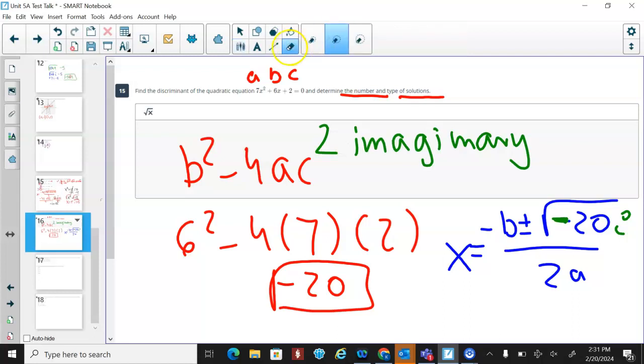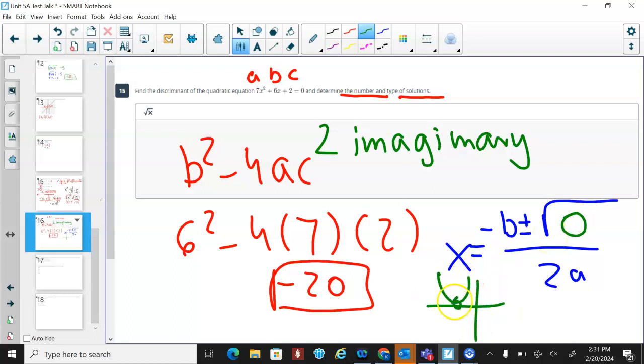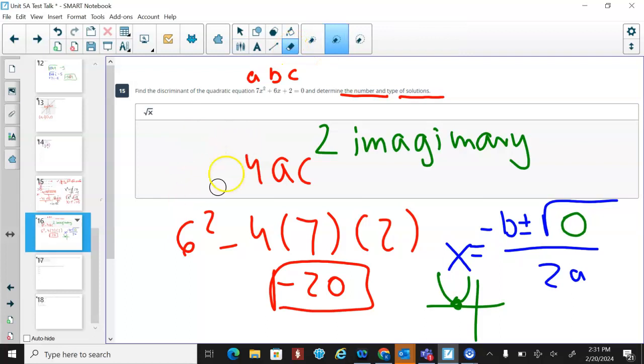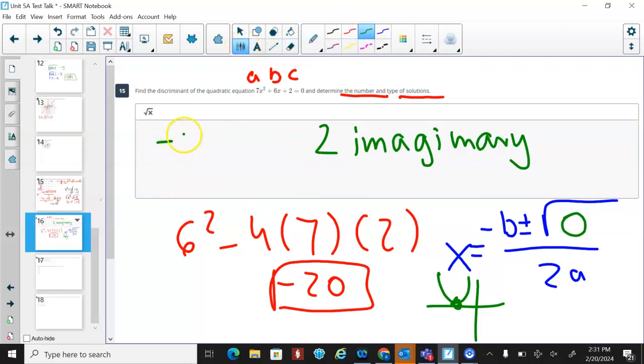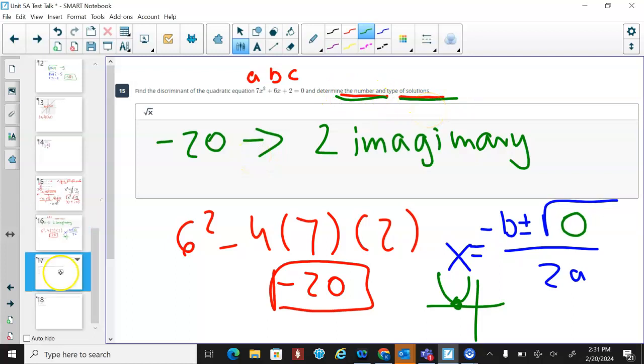And if this number ended up being 0, this is just an extra example, that would mean 1 real solution. This is where the function touches the x-axis at one point. But here, the discriminant is negative 20, and it is 2 imaginary solutions, okay? Again, the number of solutions and the type.